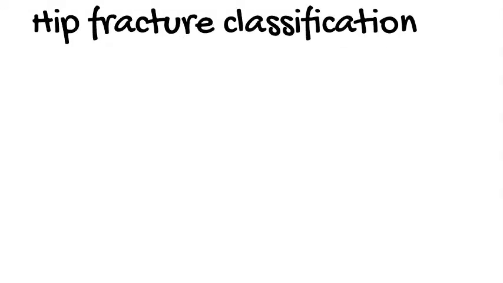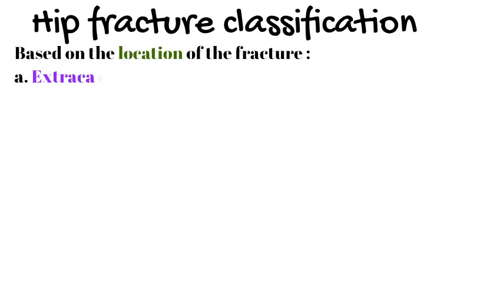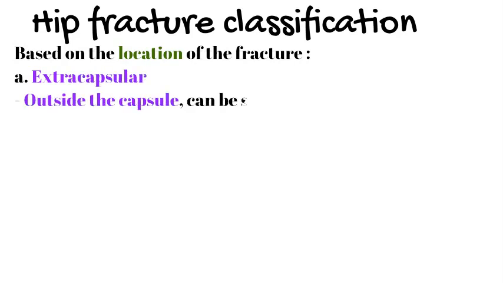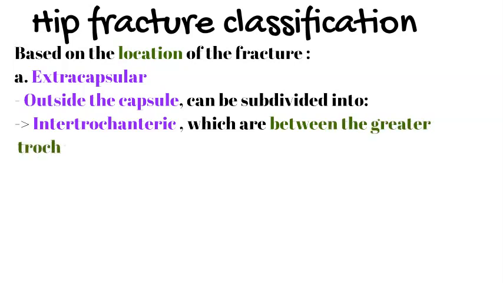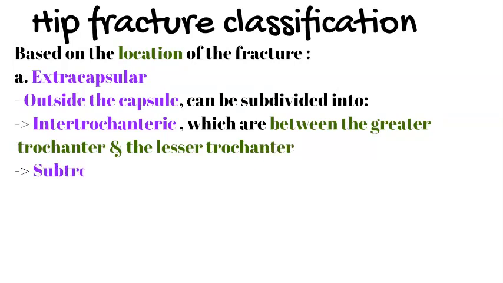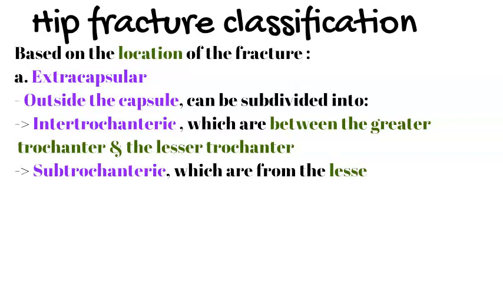Regarding hip fracture classification, based on the location of the fracture, it can be extracapsular or intracapsular. For extracapsular, outside the capsule, it can be subdivided into intertrochanteric and subtrochanteric. Intertrochanteric are between the greater trochanter and the lesser trochanter.